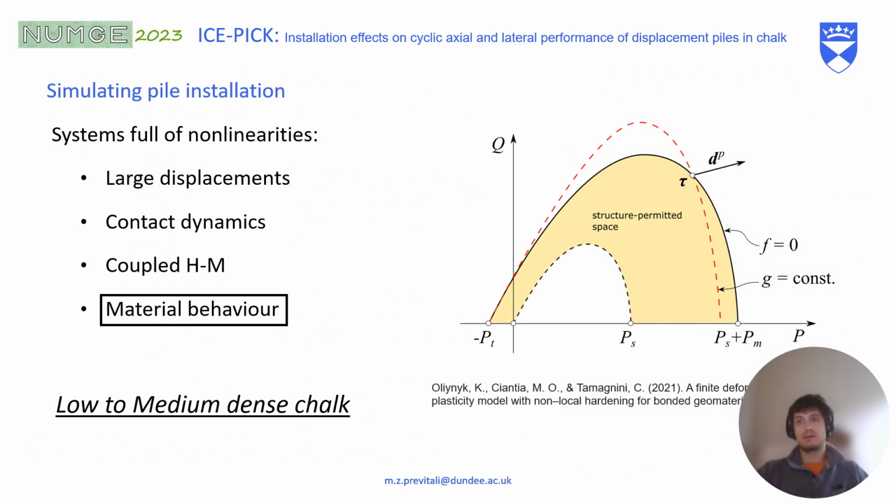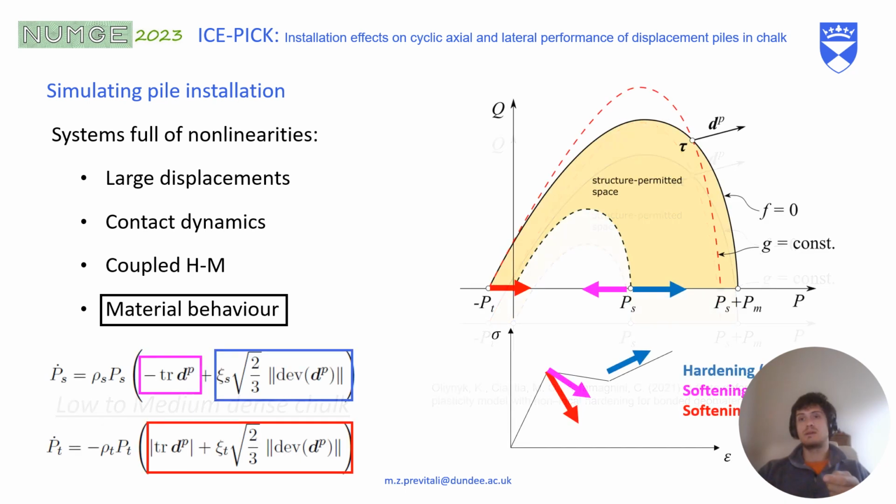So here in this paper, we are representing the material behavior using a modified Cam-Clay model. You can see here this model, expressed in stress invariant space p-q, is characterized by two hardening variables, which are PT and PS.